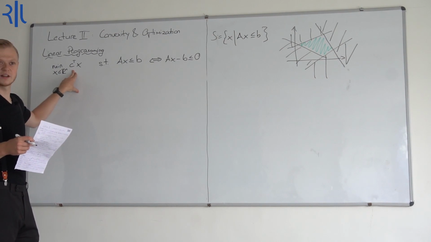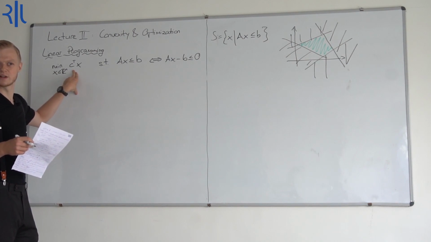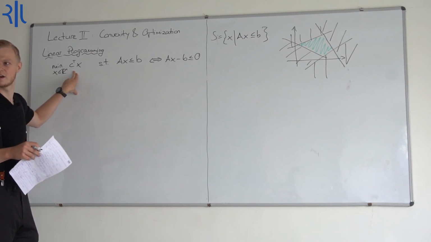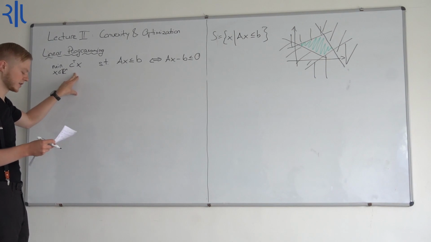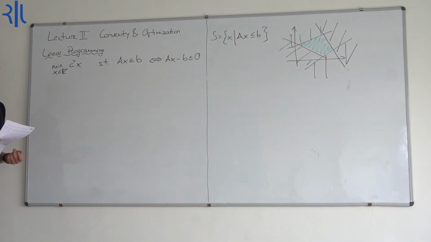The gradient is equal to c at all points, and that will never get to 0 in any optimization problem that is of interest. So we have to extend the concept a little bit.